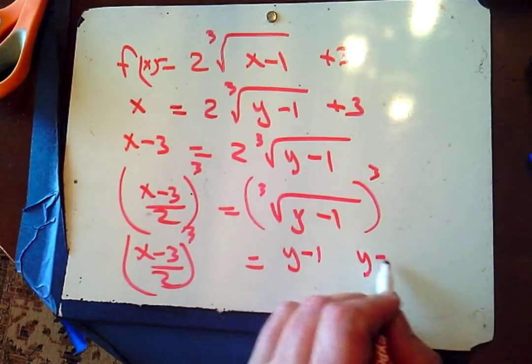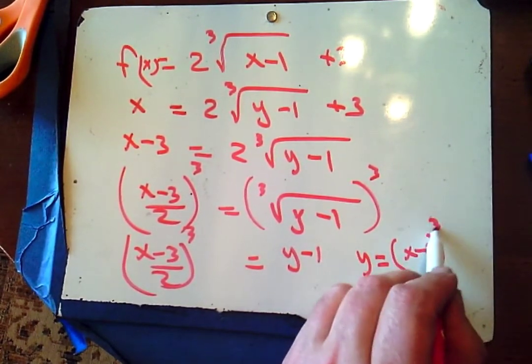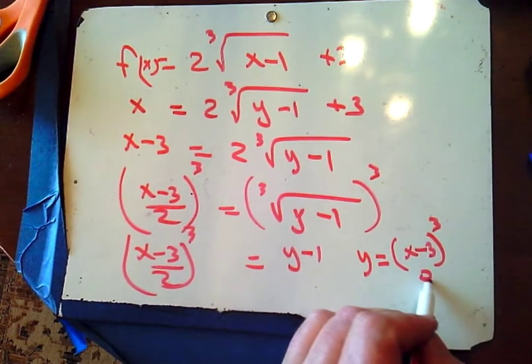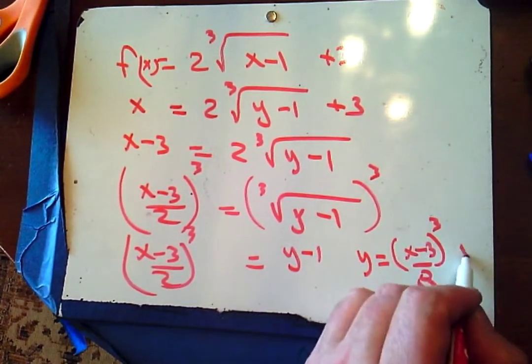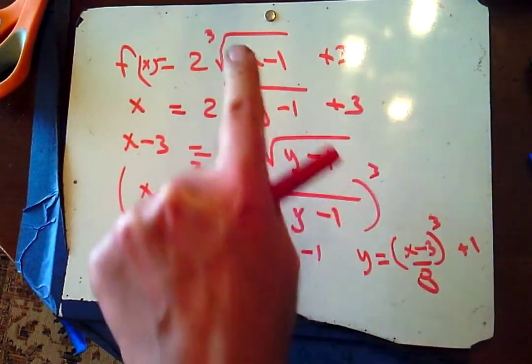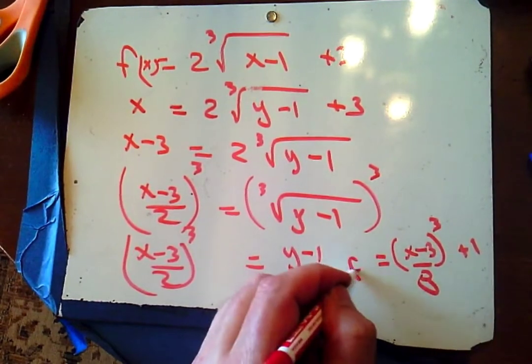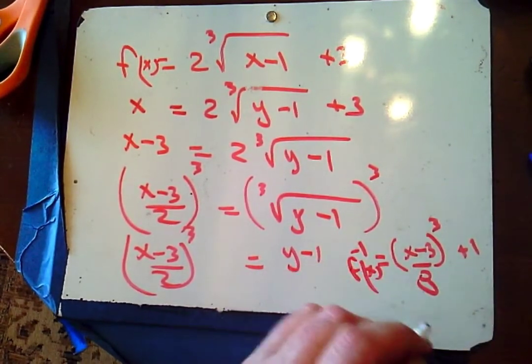So I'll end up with y equals x minus 3 to the third, I know 2 to the third is 8, and then plus 1. So this cubic function is the inverse of this cube root function. This is f inverse. Okay?